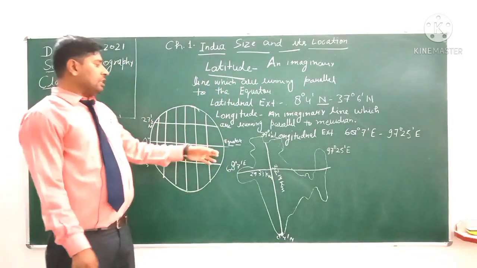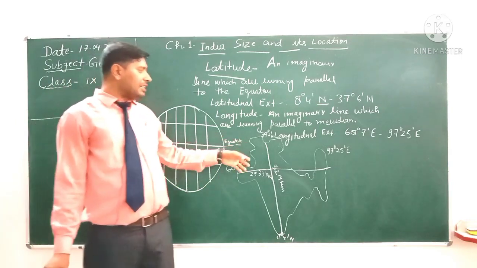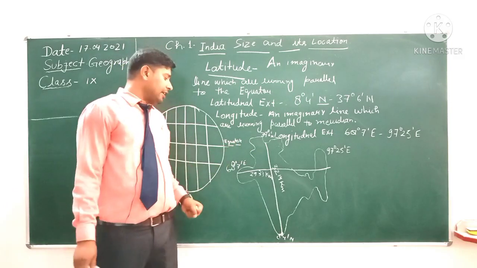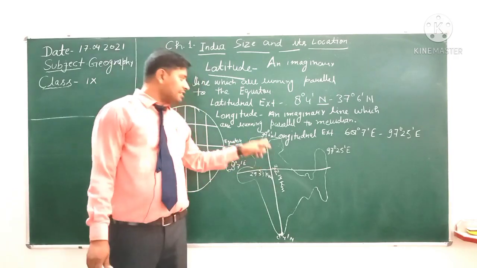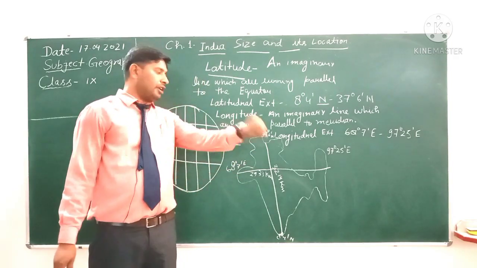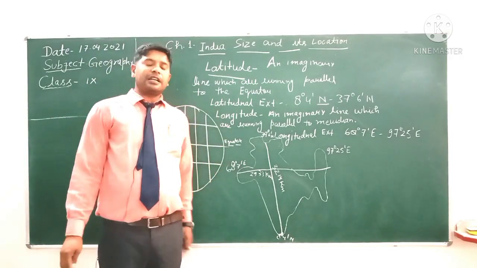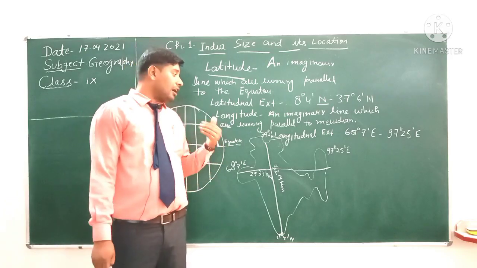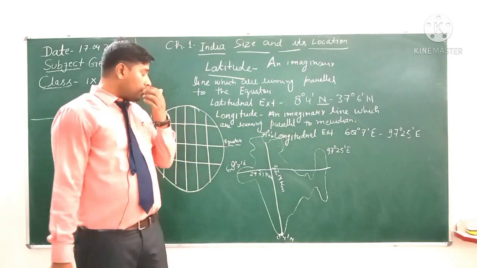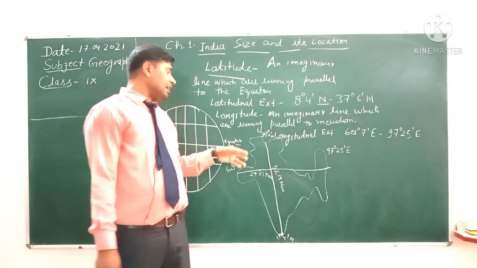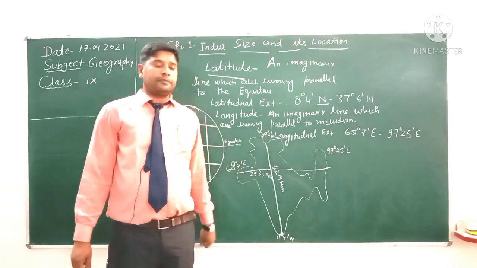Students, this is the length and breadth of India, the latitudinal extension and longitudinal extension of India. If we differentiate the degrees, we will find it is near about 30 degree.